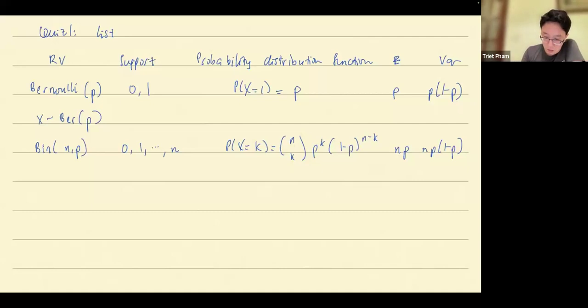And what's the next one? What's another example of a discrete random variable?